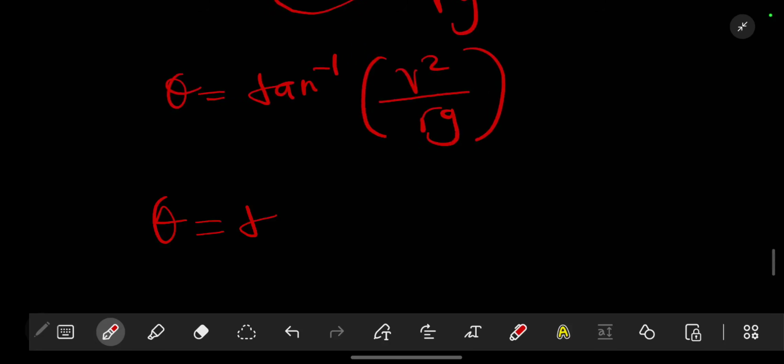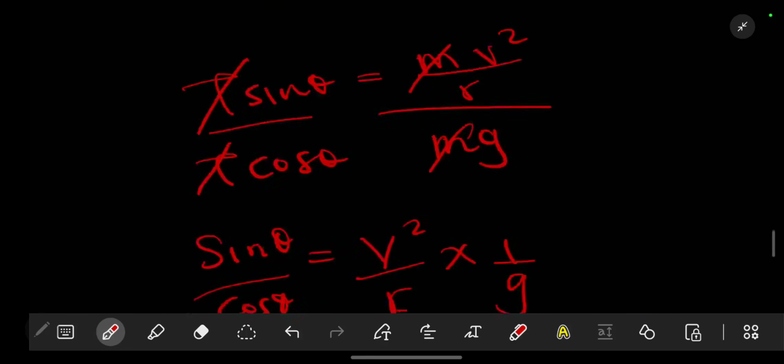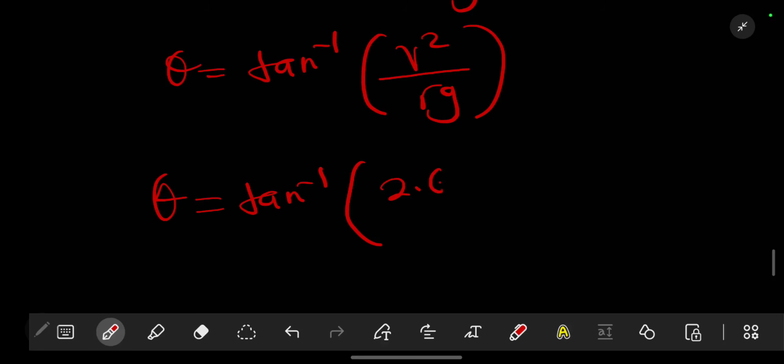So theta should be equal to tan inverse of what is your v squared. So your v squared is equal to your v squared. We found the velocity to be 2.62. So we square this over what is the radius. Radius is 1.25 times the 9.8.